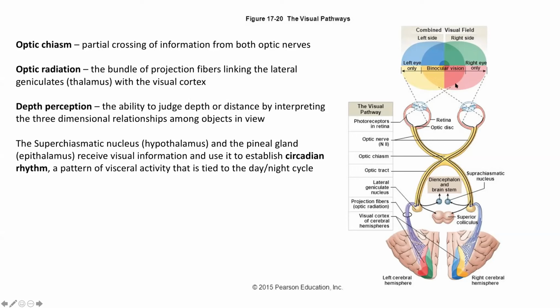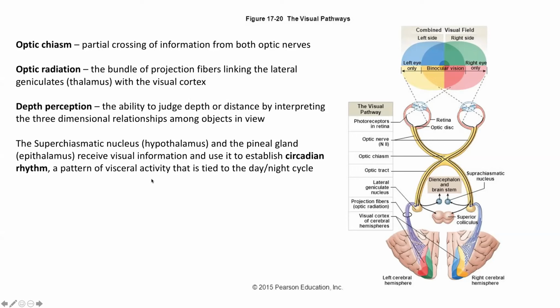So that's the pathway for binocular vision. Depth perception is produced because you have two eyes. You're able to determine depth with binocular vision, interpreting a three-dimensional relationship among objects.